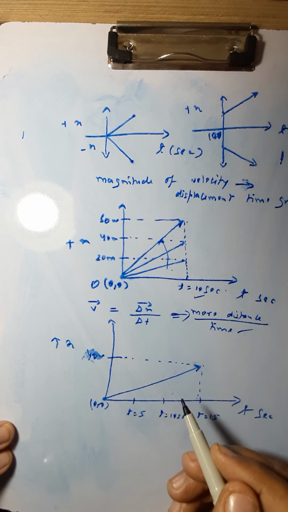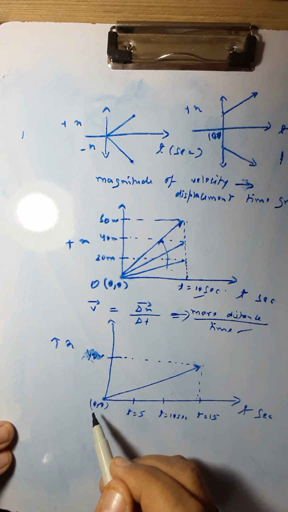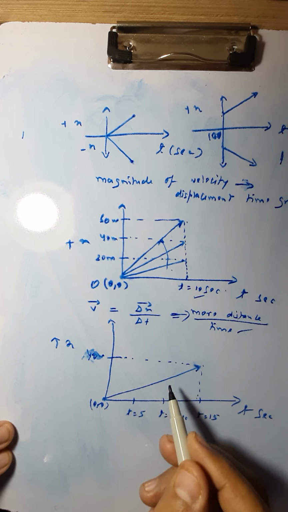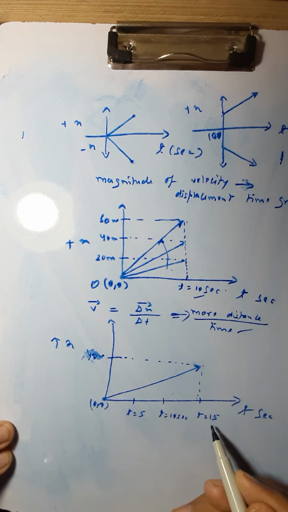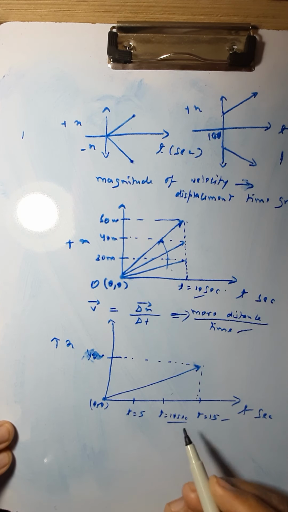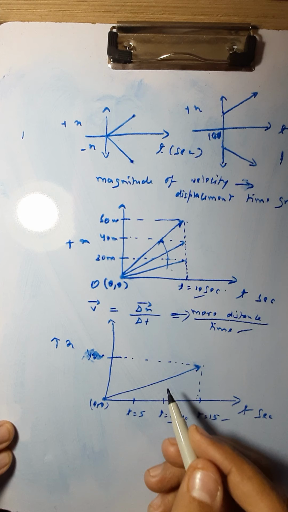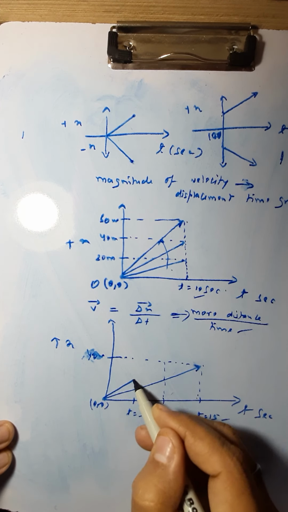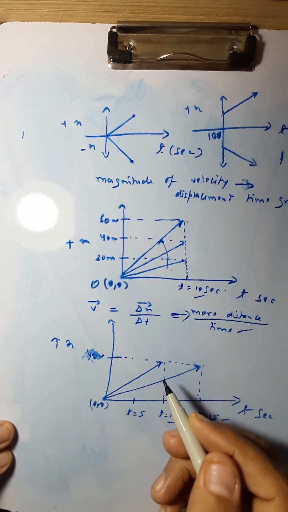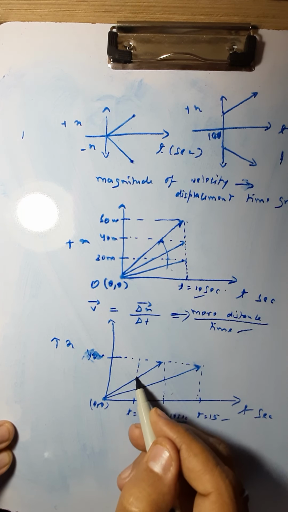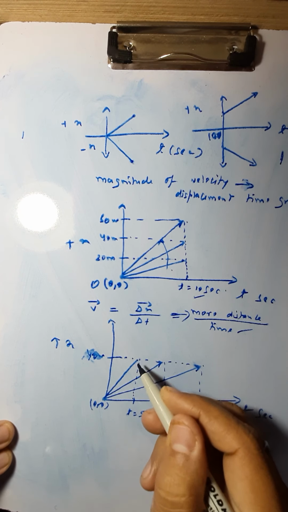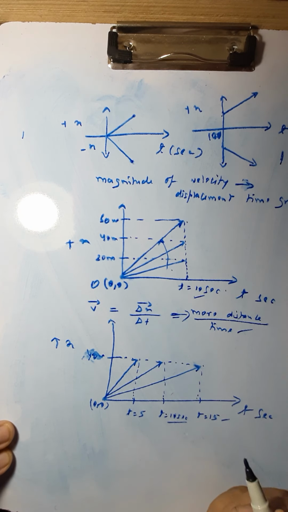Suppose the same particle starting from 0, 0 covers 40 meter in lesser time, and this time it's covering the distance in t equal to 10 seconds. So its graph would be like this. Similarly, for t equal to 5 seconds, the graph would be like this.